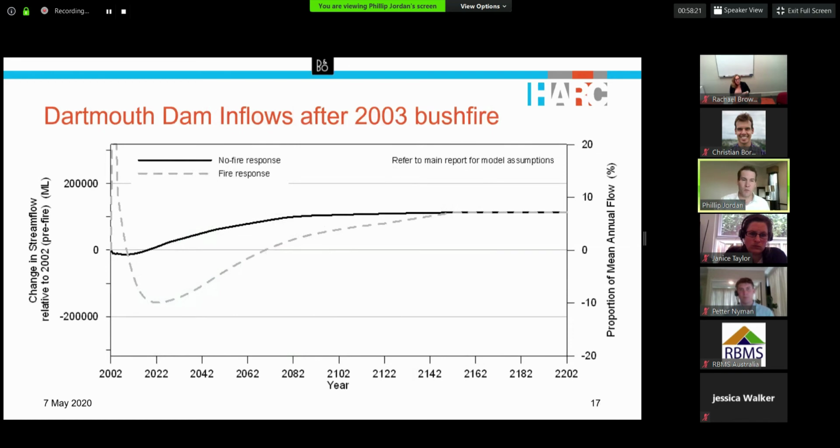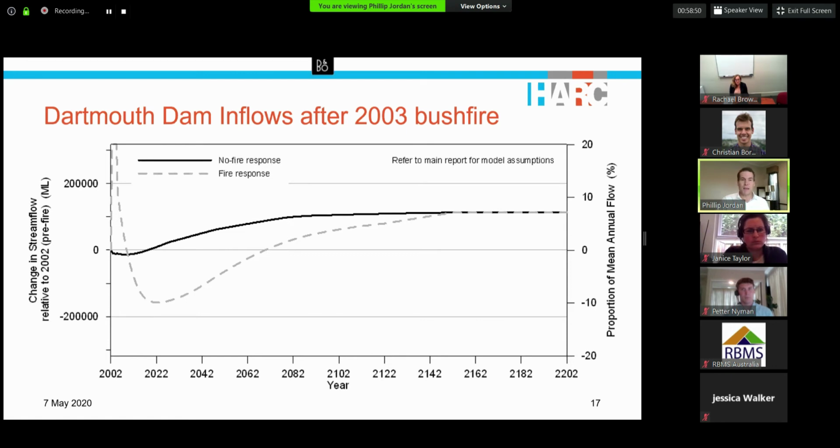So what that looks like when we accumulate it is that the black line is the response that we would have expected had there not been the 2003 bushfire. So a gradual recovery, or gradual increase in yield, as the forest that was there prior to 2003 continues to mature, get older, and therefore use gradually less and less water. The grey dotted dashed line shows the fire response.